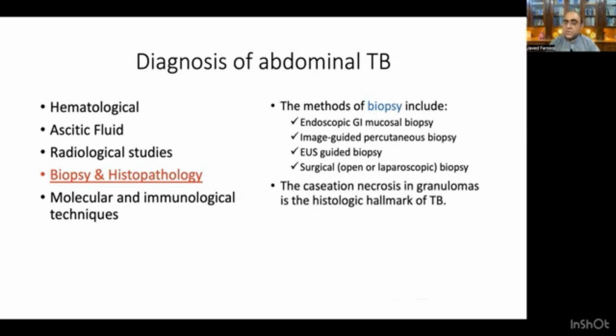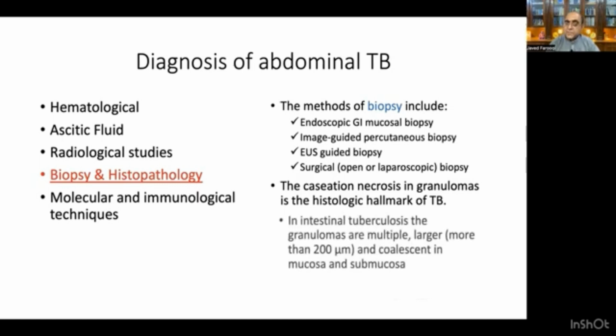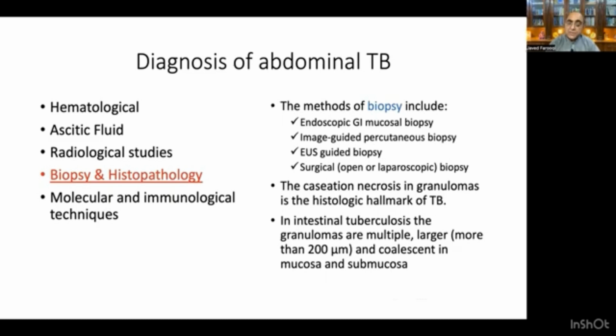The caseation necrosis in granulomas is the histologic hallmark of tuberculosis. We know that the hallmark is caseation necrosis. In intestinal tuberculosis, the granulomas are multiple. They are larger, more than 200 micrometer, and coalescent in mucosa and submucosa.